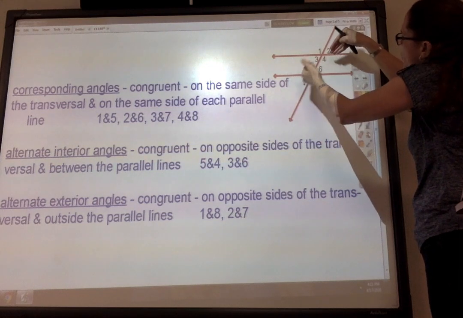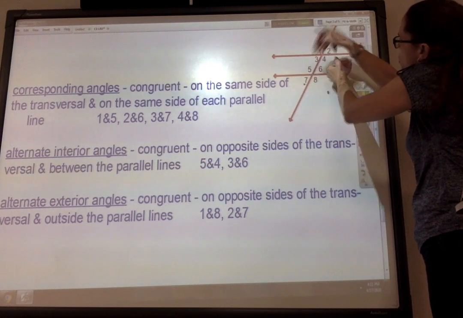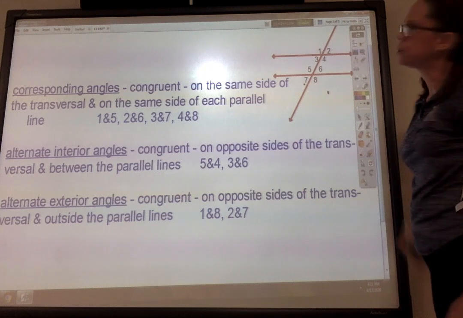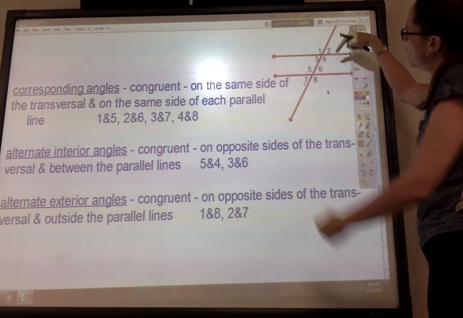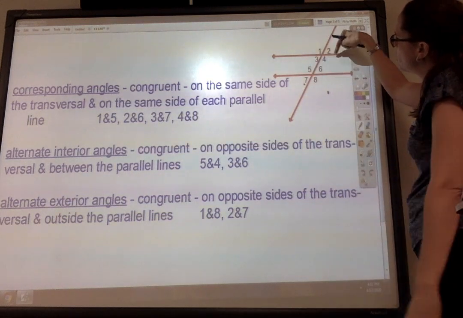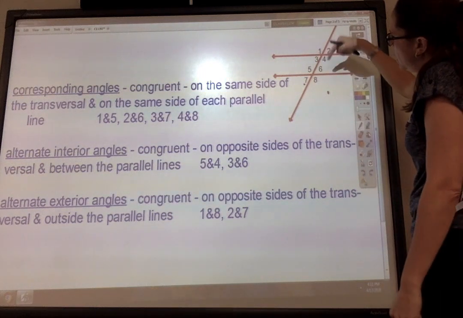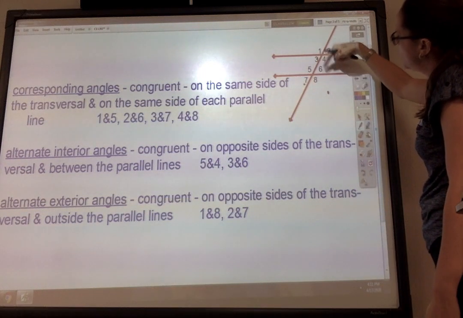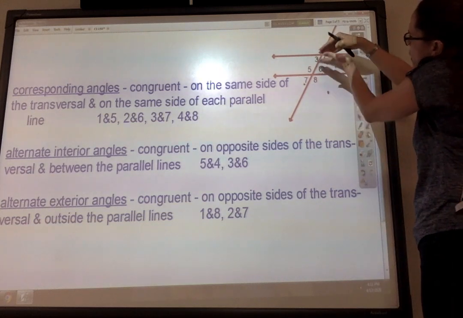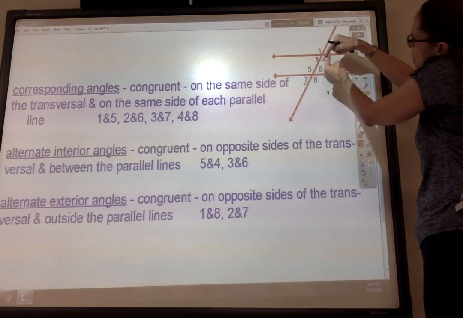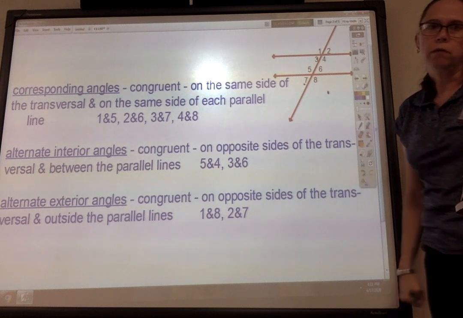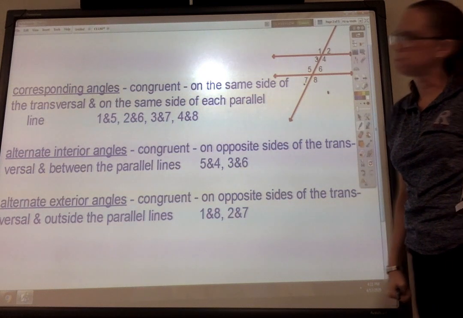They're both interior angles, but they're on alternate sides of the transversal. Angle 4 and angle 5, you can see they're both obtuse angles. They are congruent. Angle 3 and angle 6 are alternate interior angles. They're both inside of the parallel lines, but they're on opposite sides of the transversal.